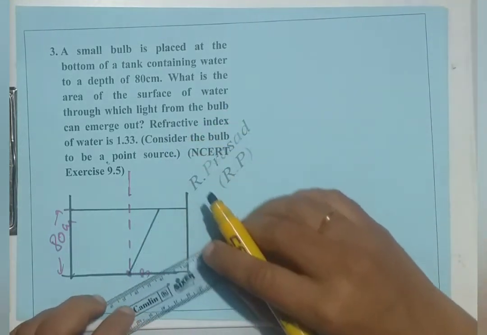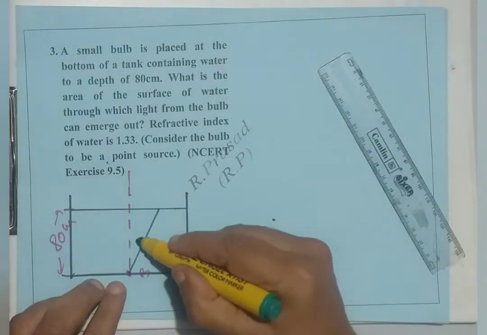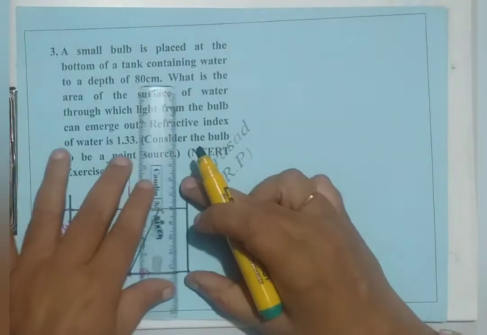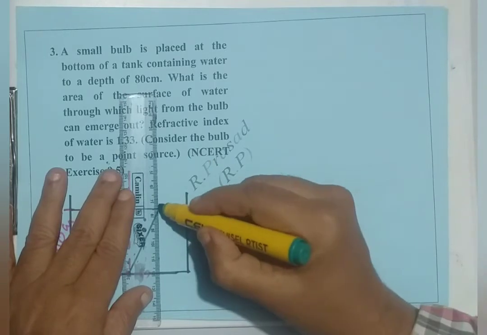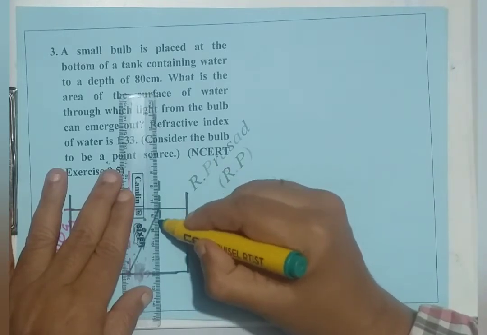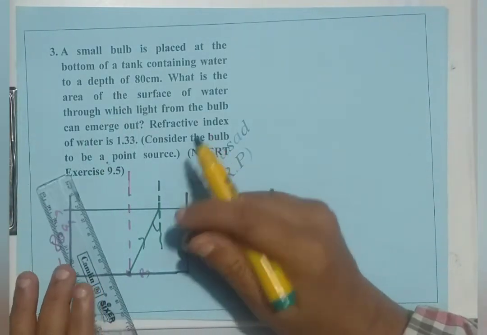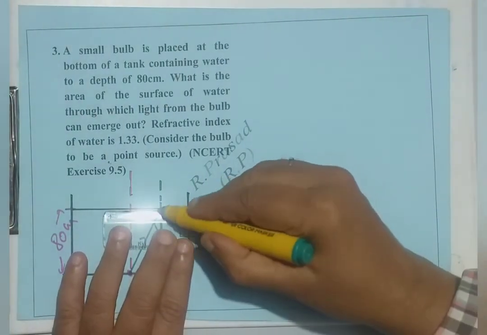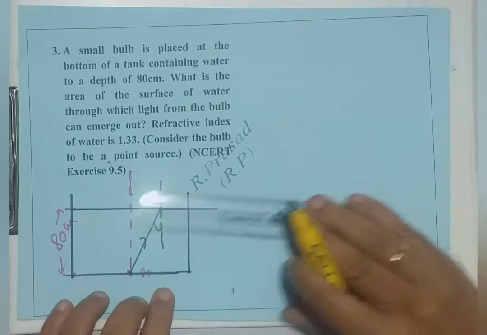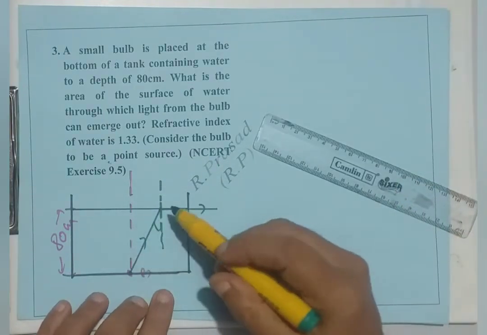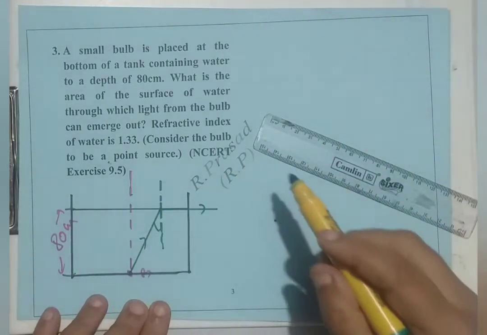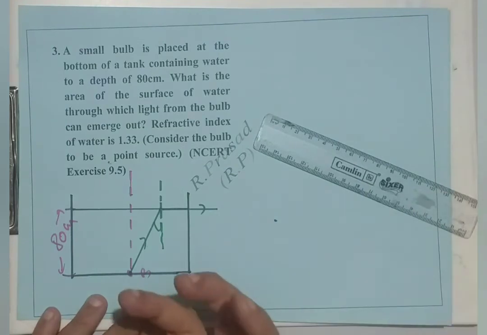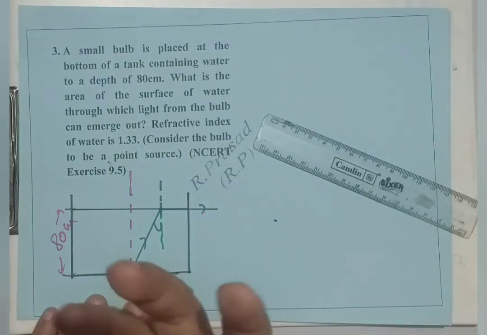I write that like this. So, if this is the critical angle there, then the ray should graze. That means it should travel like this. So a similar thing happens on this side also, and the light will emit like a cone.